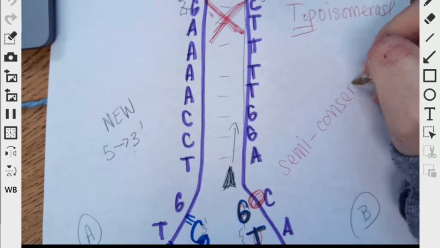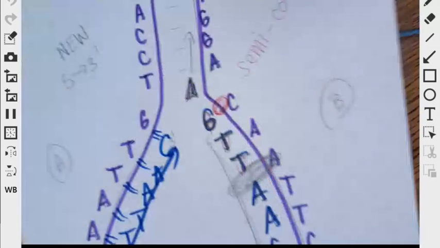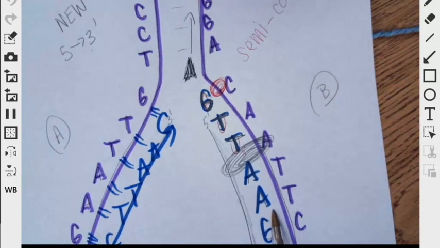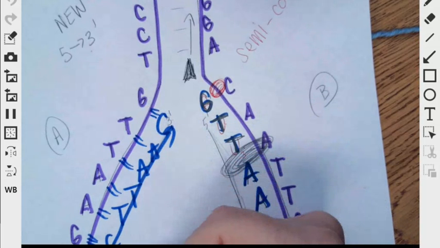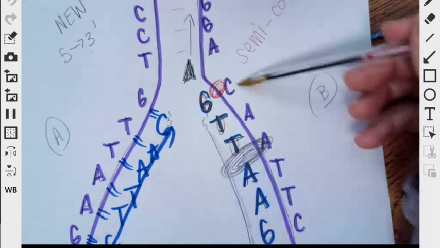Conservative means to keep. Semi means kind of, like semi-sweet chocolate. It's kind of chocolate, kind of bitter, okay? So it's called semi-conservative because when we're done replicating our 2 molecules of DNA, the original is kind of still there and intact. This half of it was just the original DNA that was in that parent cell. Okay, so it's semi-conservative replication.